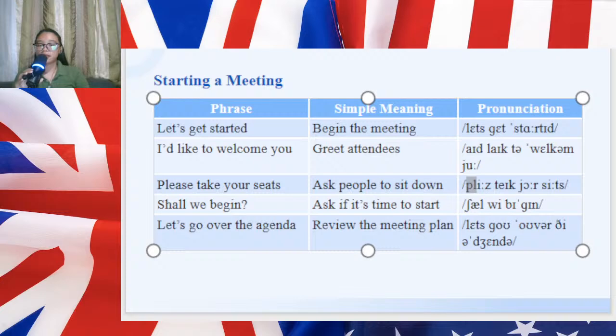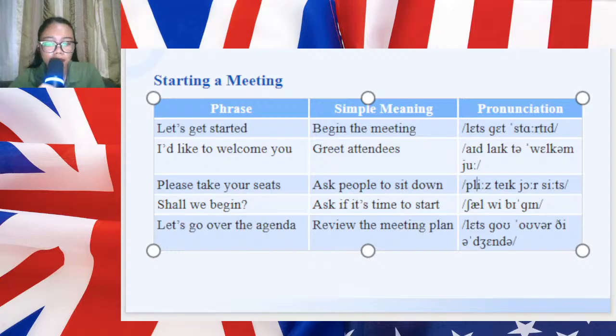We blend the sounds of two or more consonants that are beside each other in a word. So please, you add those two sounds, you get... again, so the first word is please.